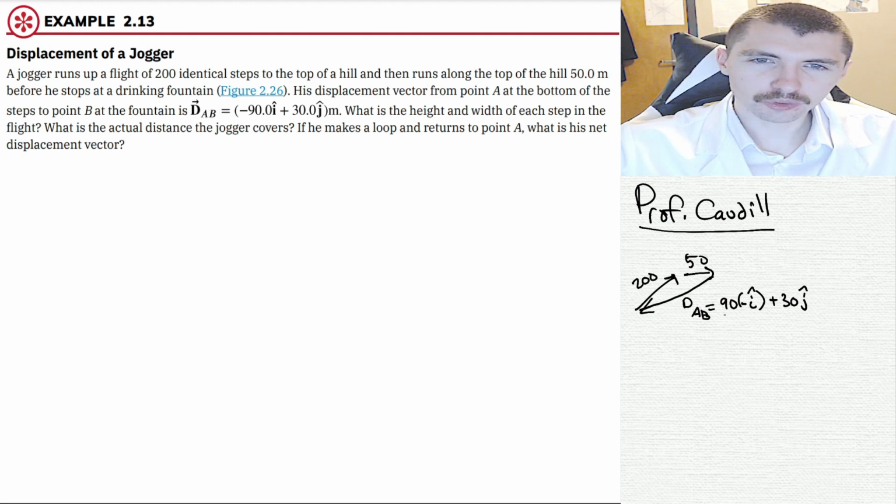So what is the height and width of each step?